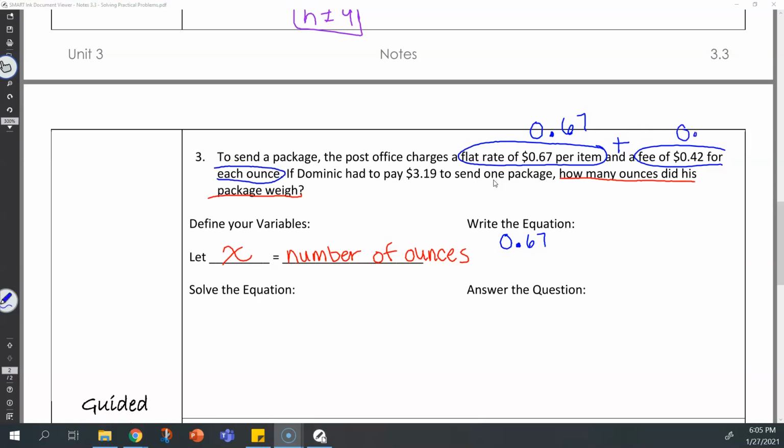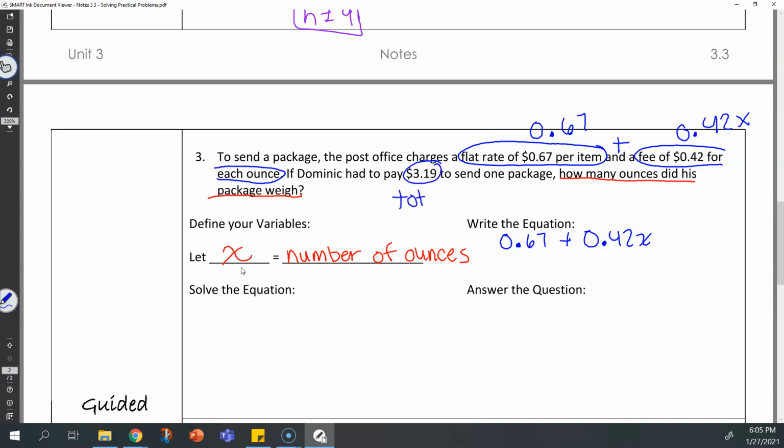So 0.42 times the number of ounces, in which case I'm using that X. Okay, so I've got 0.67 plus the 0.42X. And then lastly, Dominic had to pay $3.19.